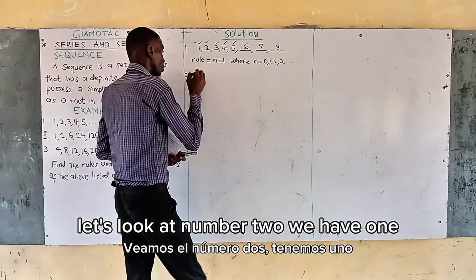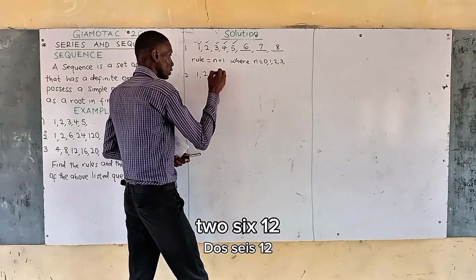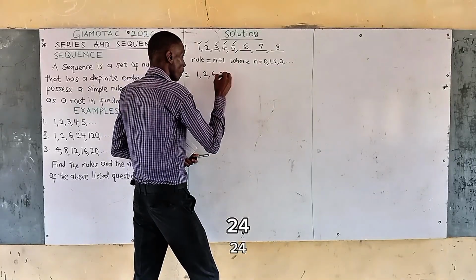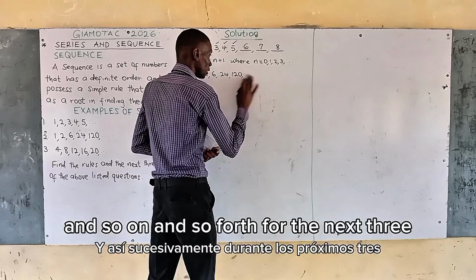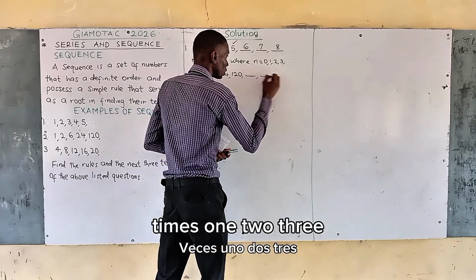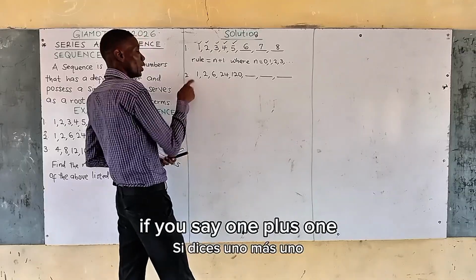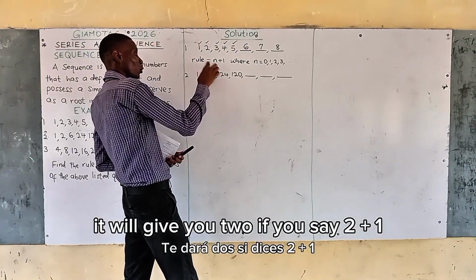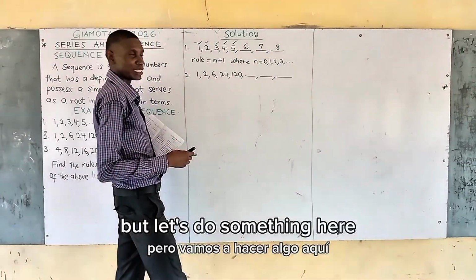Let's look at number 2. We have 1, 2, 6, 24, 120, and so on. We are looking for the next 3 terms. Let's check this out. If you say 1 plus 1, it will give you 2. If you say 2 plus 1, it doesn't give you 6. But let's do something here.